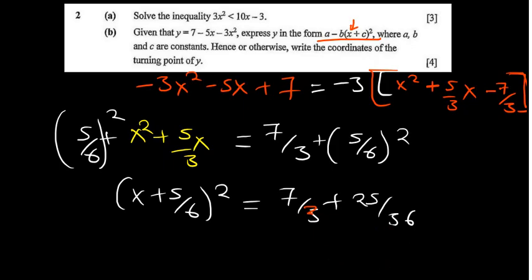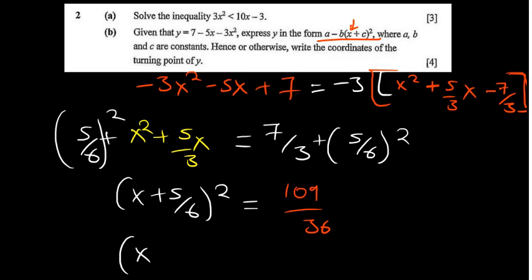So we have 109 over 36. We can have it back on the left hand side, so it becomes negative 109 over 36 equal to 0.